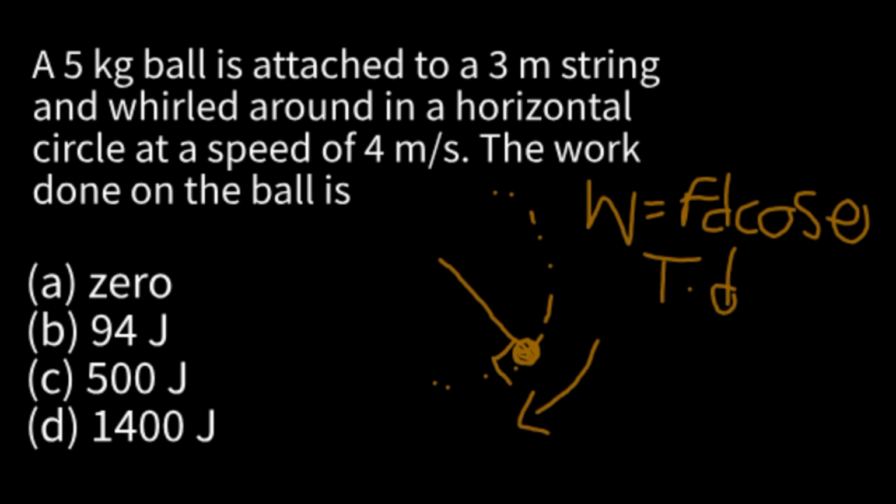And the cosine of 90 degrees is 0. So that means the work done on the ball is 0. And that would be because the force causing the motion is perpendicular to that direction of motion. So keep that perpendicular fact in mind. If a force is acting perpendicular to the direction of motion, it does 0 work. And another thing I should note is that joules is our unit of work.